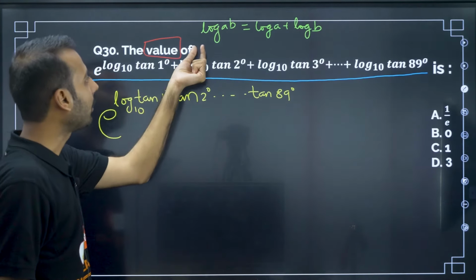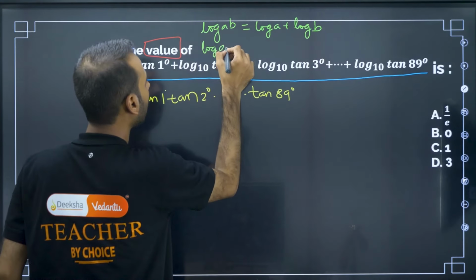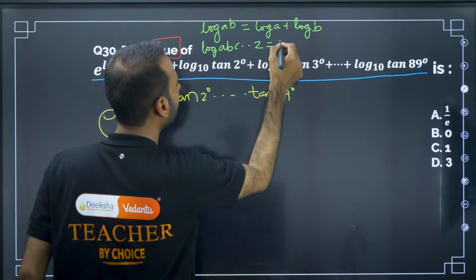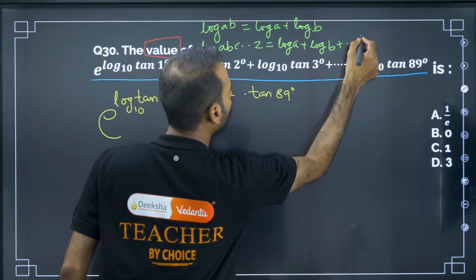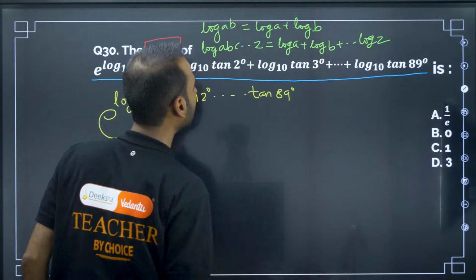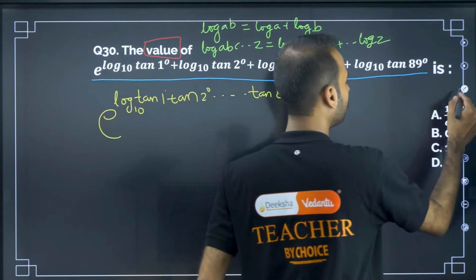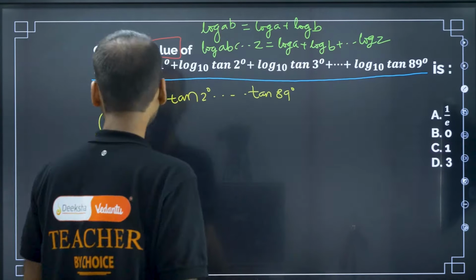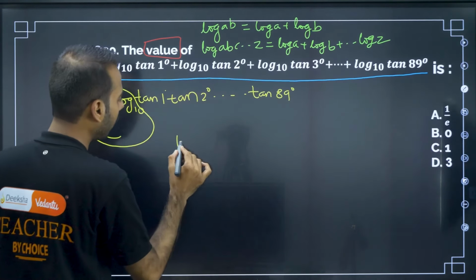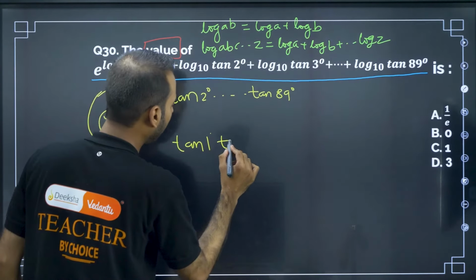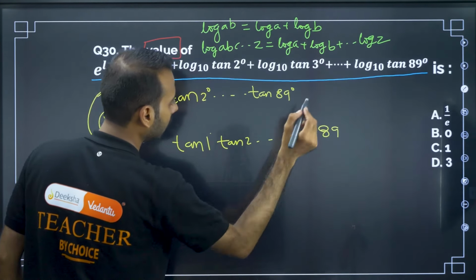If it is log of abc up to z, that can be written as log a plus log b up to log z. Same thing here. Now E and log, they will get composed; they are inverse functions. What are we left with? Tan 1, tan 2, up to tan 89.